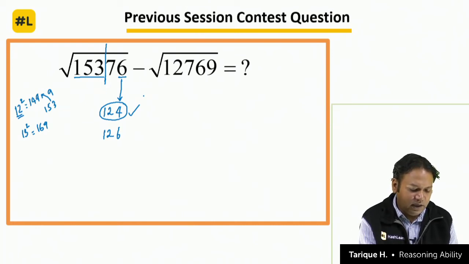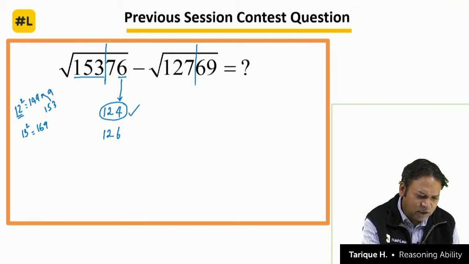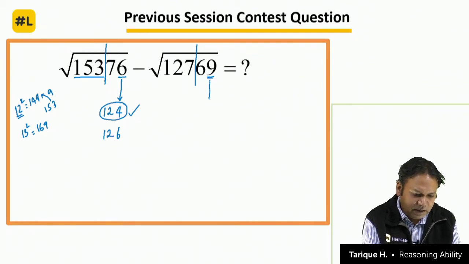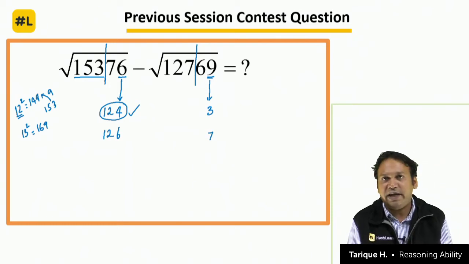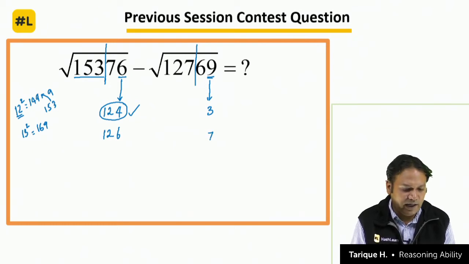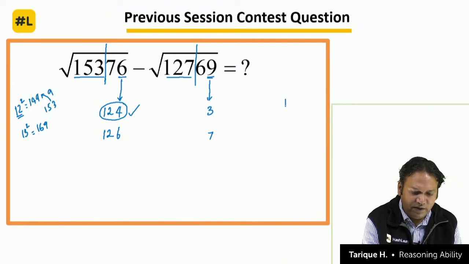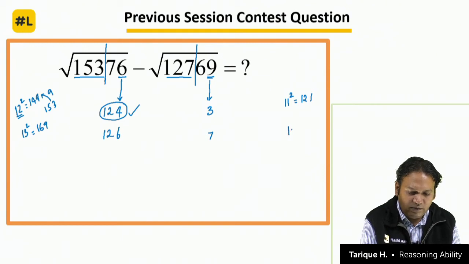Now let us see the next one, 12769. Cut off the last 2 digits. The last digit is 9, so it will be ending in 3 or 7, because 3 square is 9 and 7 square is 49. 127 is between 11 square, 121, and 12 square, 144.